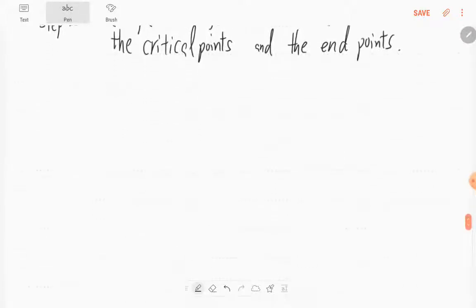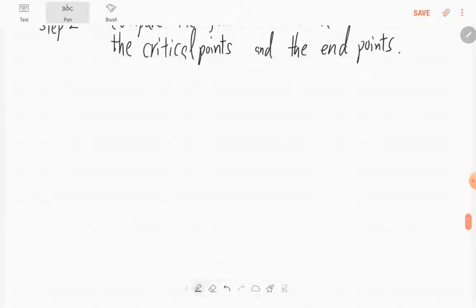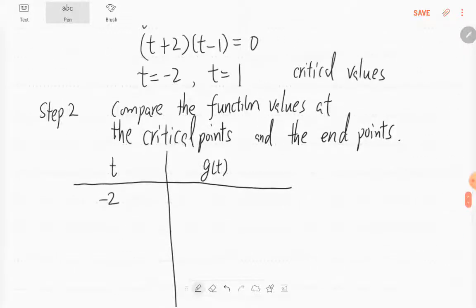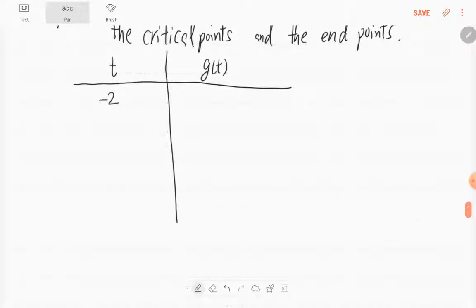So now we can draw a table to compare the values. The first column is the t values. The second column is the function value g of t. So the candidates are the critical points we have, which are -2 and 1 here.